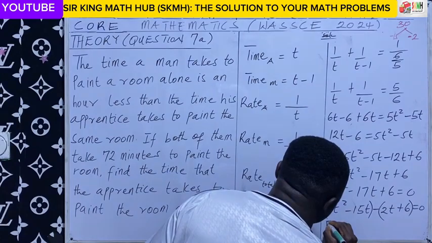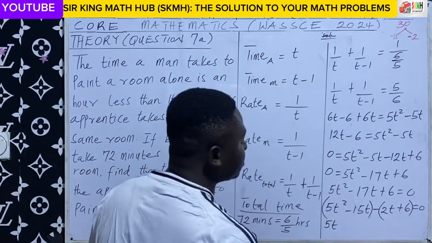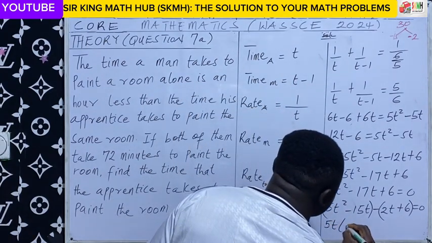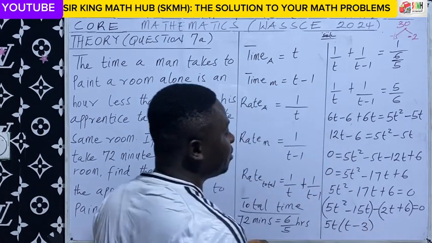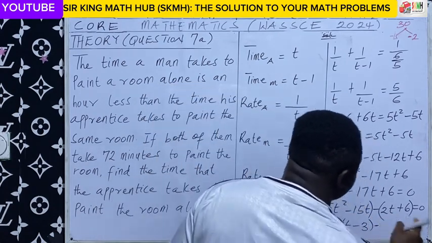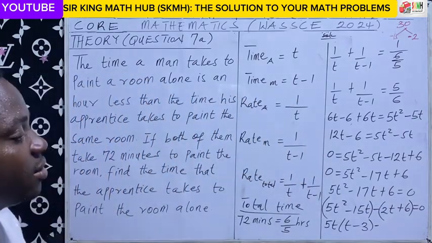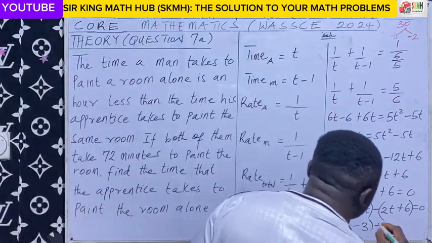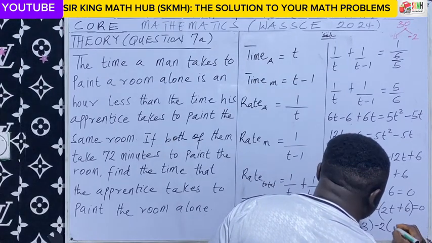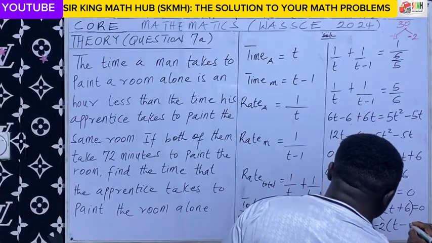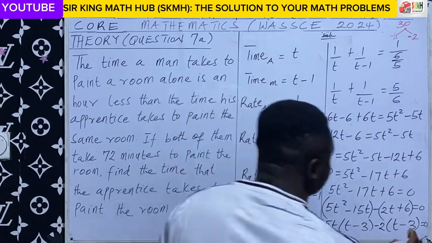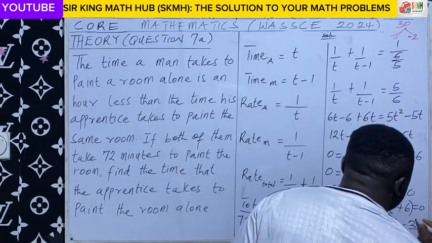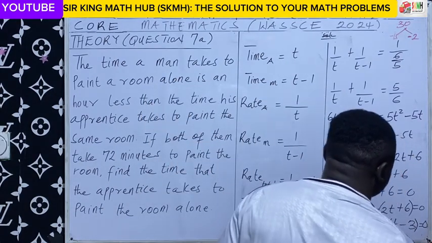So you can factorize 5t out, leaving t minus 3. And then for the second bracket, we can factorize 2 out, leaving t minus 3, is equal to 0.